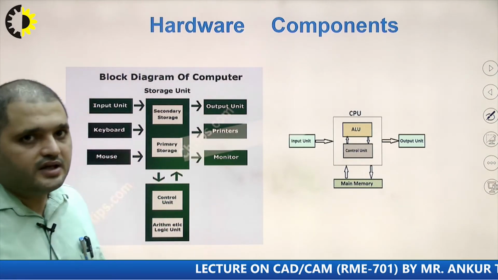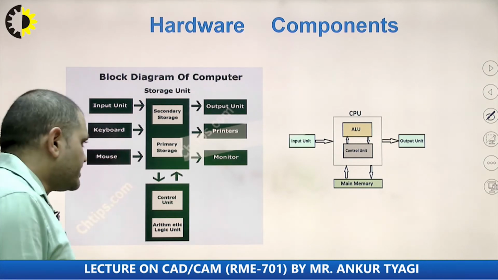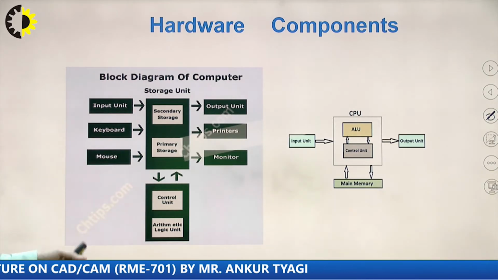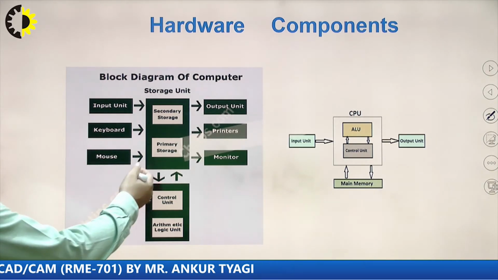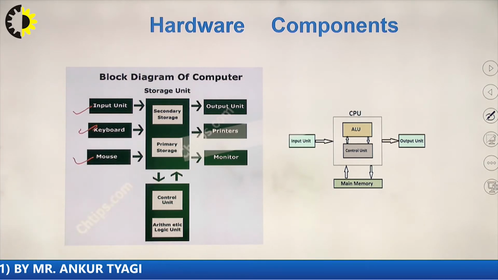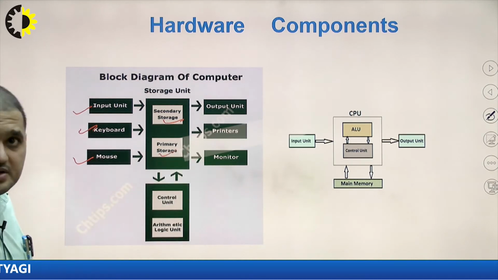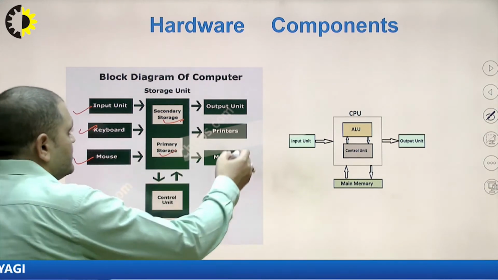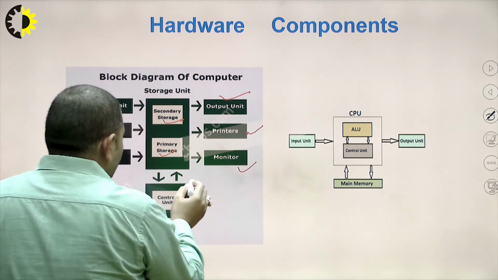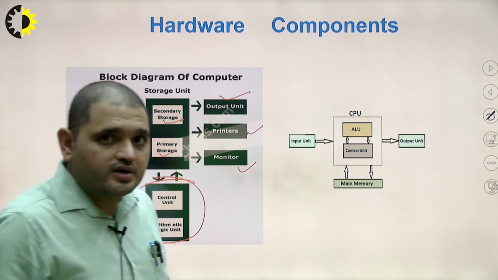basically we are seeing, I have taken this image from chaptertips.com, okay. So this is a block diagram of a computer. You can see input, a keyboard and mouse is needed. Then there is secondary storage and primary storage in terms of RAM and ROM, and from there you can get an output unit, which is printers and monitors, and there is a control unit and the arithmetic logic unit, that is the ALU, present there.